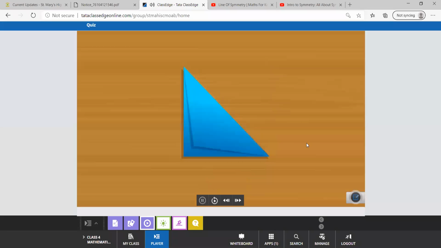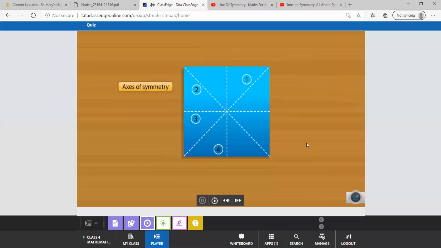So, this line is also an axis of symmetry. Similarly, this dotted line is also an axis of symmetry for the square. Therefore, a square has four axes of symmetry. So you saw that certain figures will have more than one axis of symmetry.